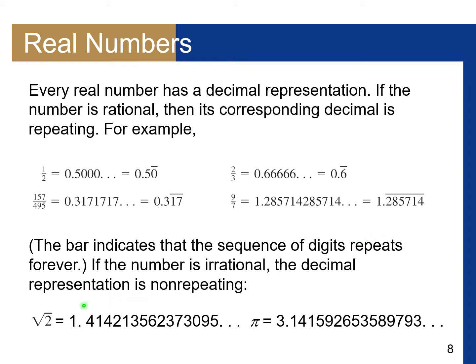Now, if it's irrational, the number does not have any kind of repeating pattern, and it does not end. So again, the square root of 2 is an irrational number, pi is an irrational number, and several more.